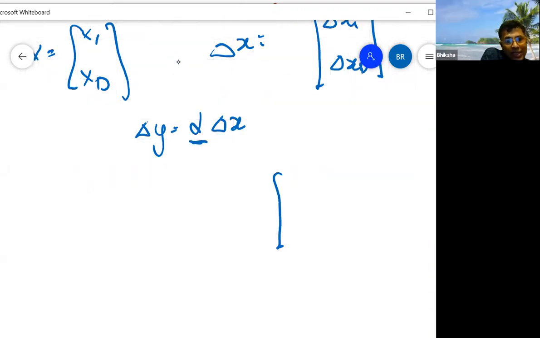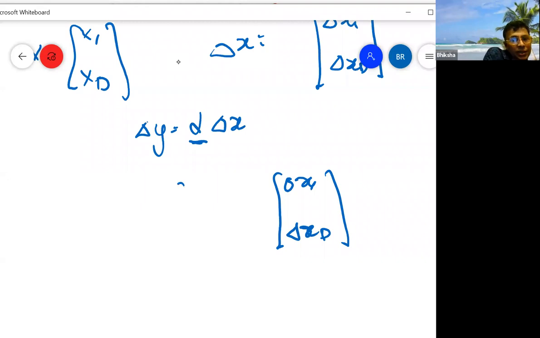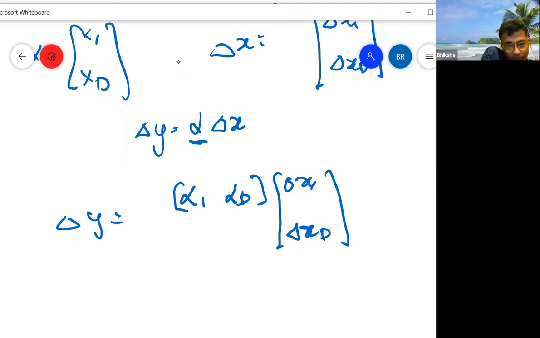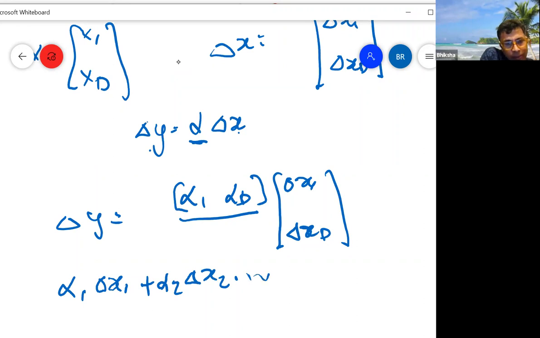Because I have delta x1 through delta xd, and so I need this guy to be alpha 1 through alpha d. And this is going to be delta y, right? So the derivative of y with respect to x is going to be a row vector. Now, if I expand this out, this is going to be alpha 1 delta x1 plus alpha 2 delta x2 and so on, correct?